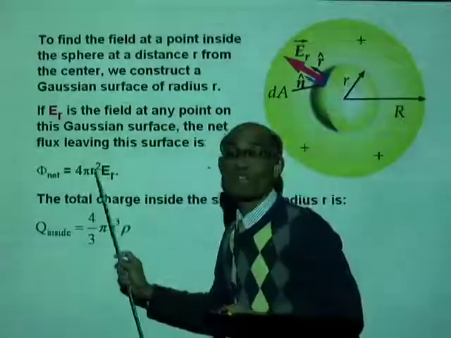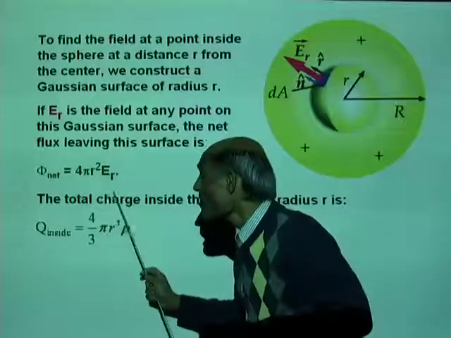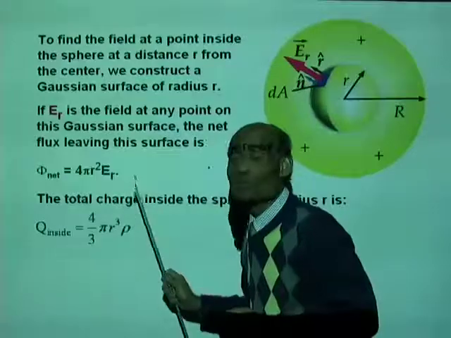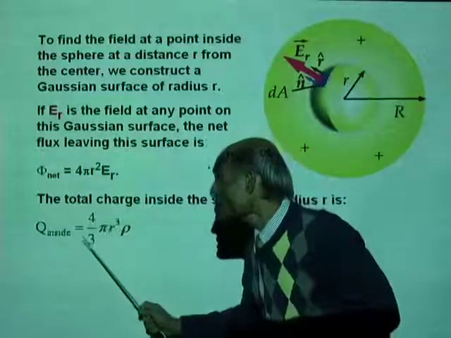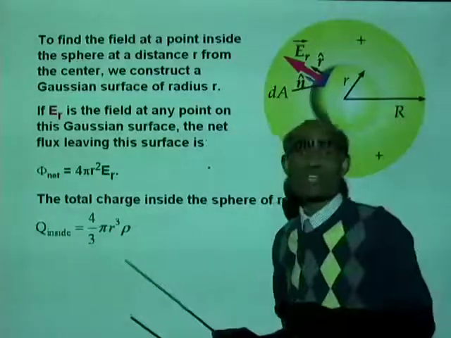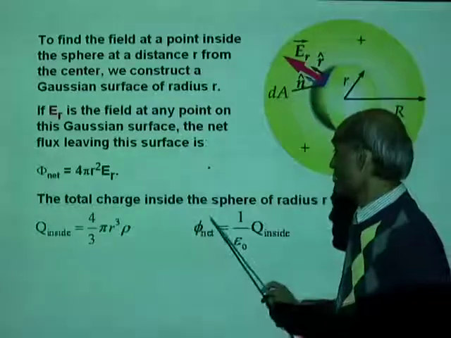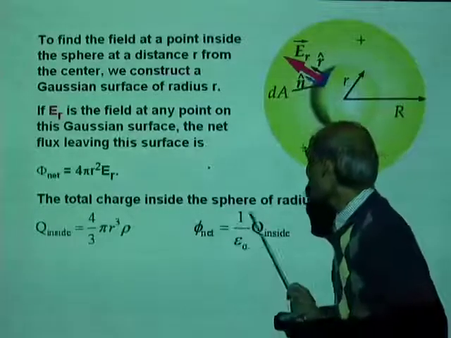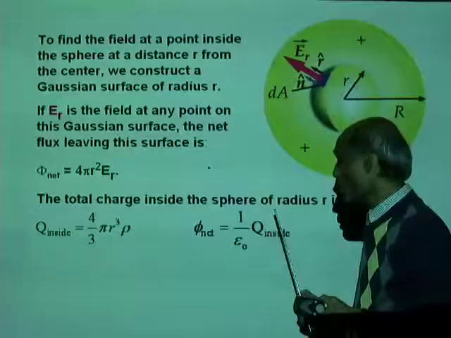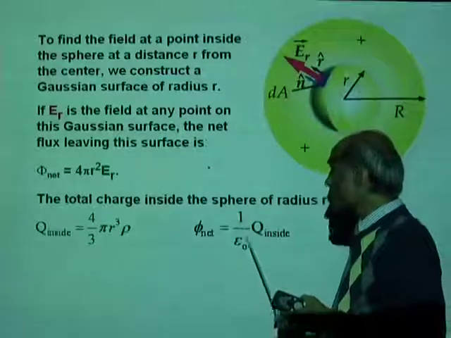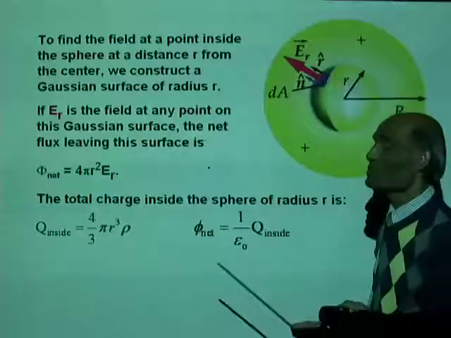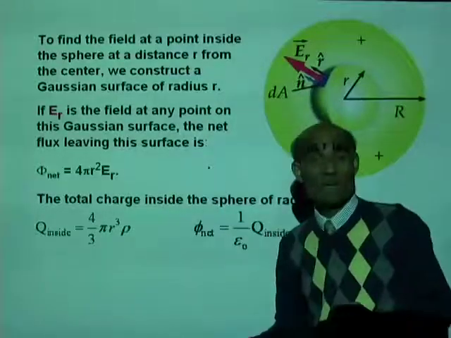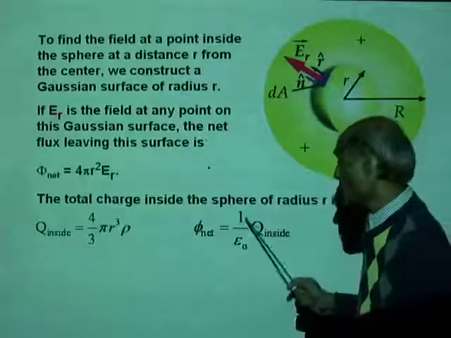Gauss's law says that the net flux crossing the Gaussian surface equals 4 pi k times Q inside. There we are. So phi net equals 4 pi k times Q inside, or 1 over epsilon naught times Q inside. Remember, both can be used at any time without any problem.